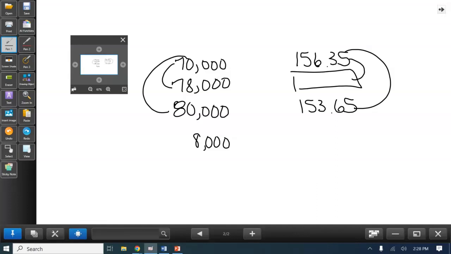So from 78,000 to 70,000, that's 8,000. And the difference between 70,000 and 80,000 is 10,000.